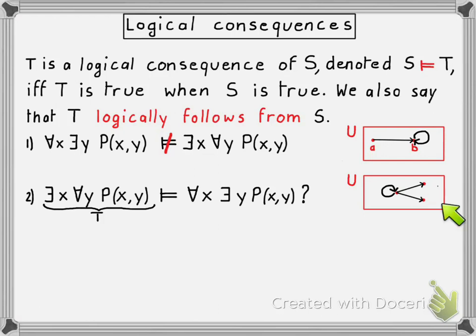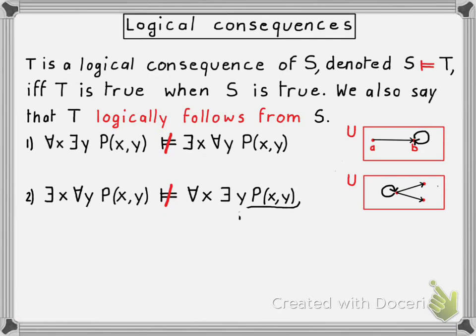By the way, neither does this one, but only one of them suffices to argue that this proposition is false under this example. And therefore, this example is a counterexample for the logical consequence, since we proved that there exists a situation where the first proposition is true and the second one is false. And that concludes this example.